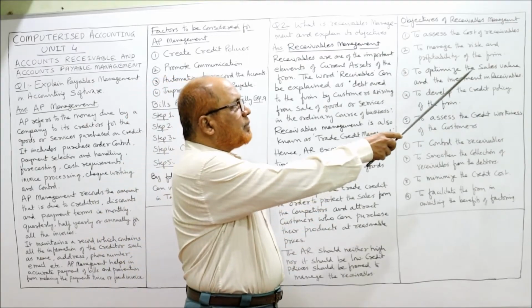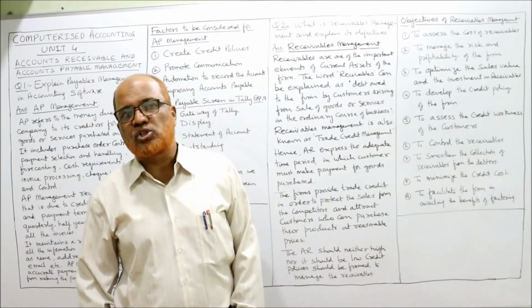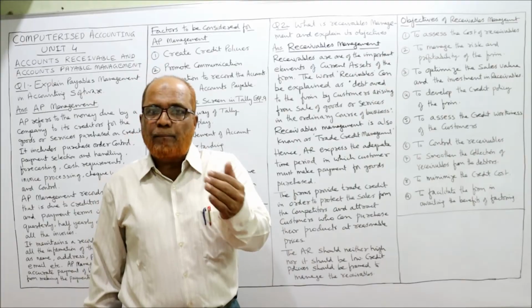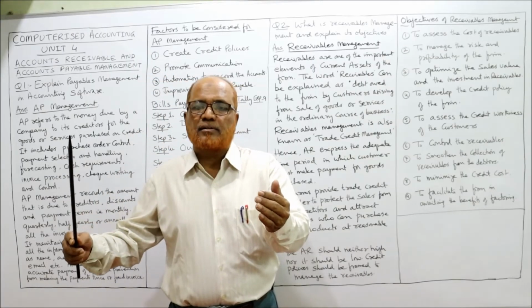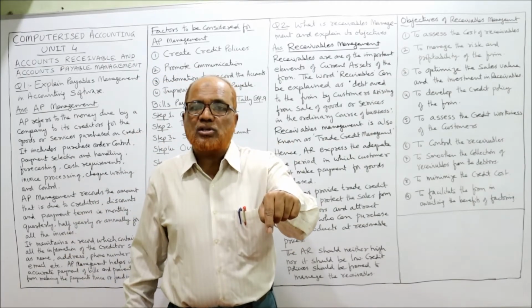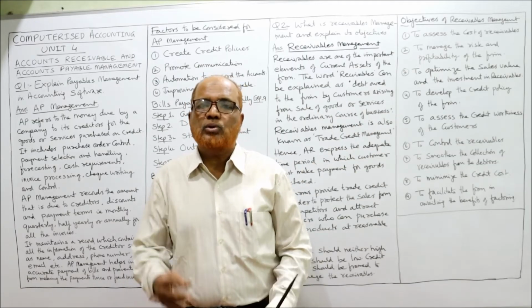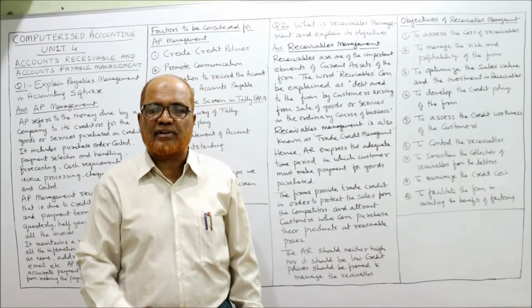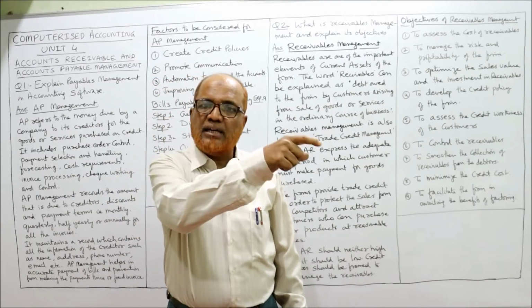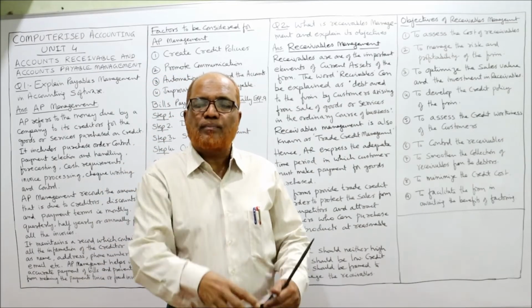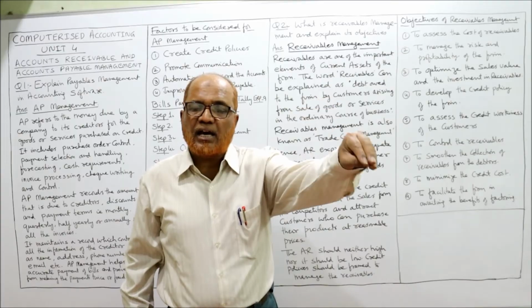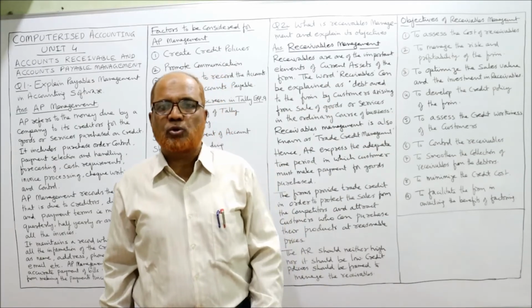Next one, to optimize the sales value and investment in receivables. We'll get the benefit from higher sales, but we will incur loss on money invested in receivables. So two things are there, cost and benefit. The benefit is higher sales. The cost is incurred in investment in receivables.